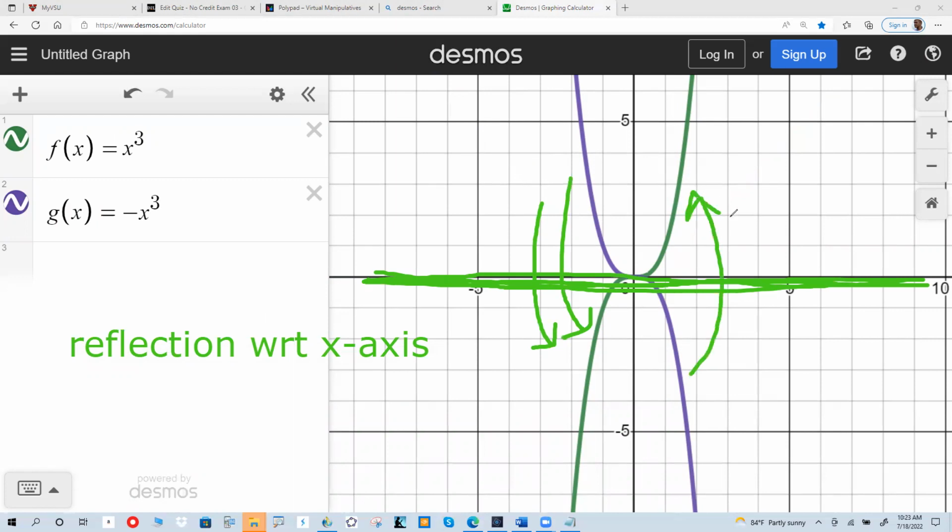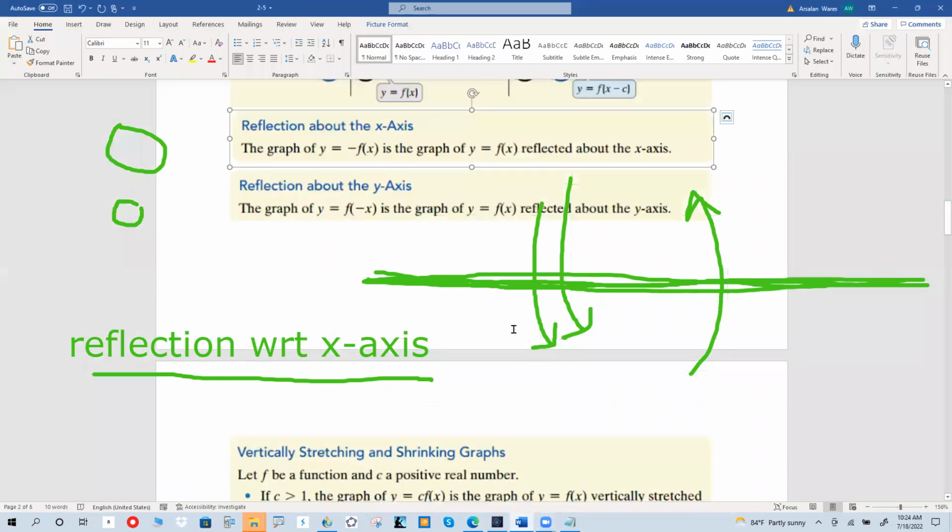Now, y-axis reflection also takes place. That's what makes it tricky. But again, to summarize, when you take a function and stick a negative sign, it will always be reflection with regard to, WRT stands for with regard to, the x-axis. So you have to keep that in mind. And that's what this little box is trying to tell us. When you put a minus f of x, it's reflected about the x-axis.